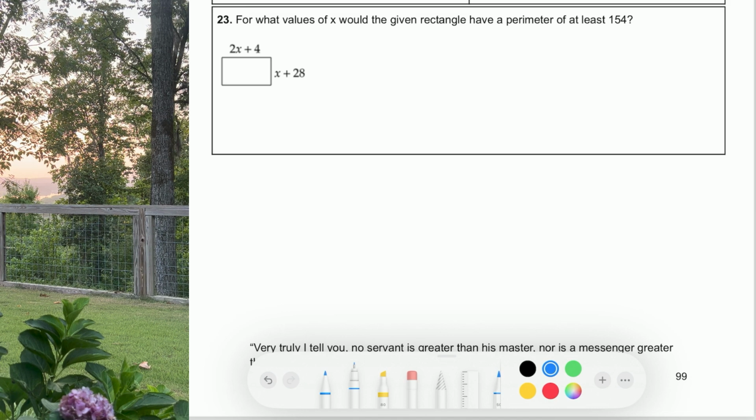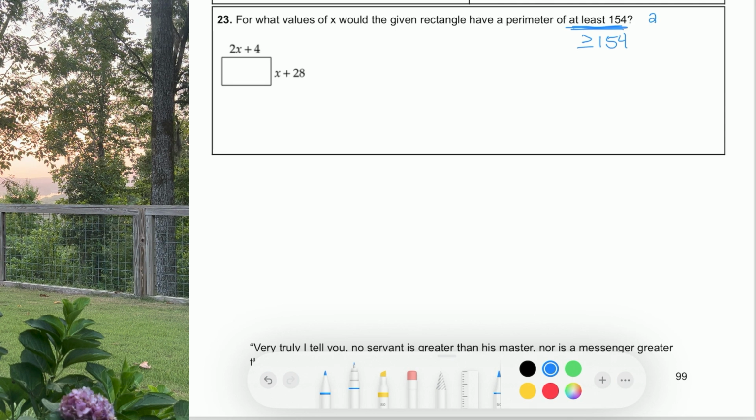Number 23. We have a word problem here, but we're going to do the same thing. For what values of x would the given rectangle have a perimeter of at least 154? So remember that at least means whatever is on the left-hand side needs to be greater than or equal to 154, because it has to be at least 154 or more. That's what they're saying.